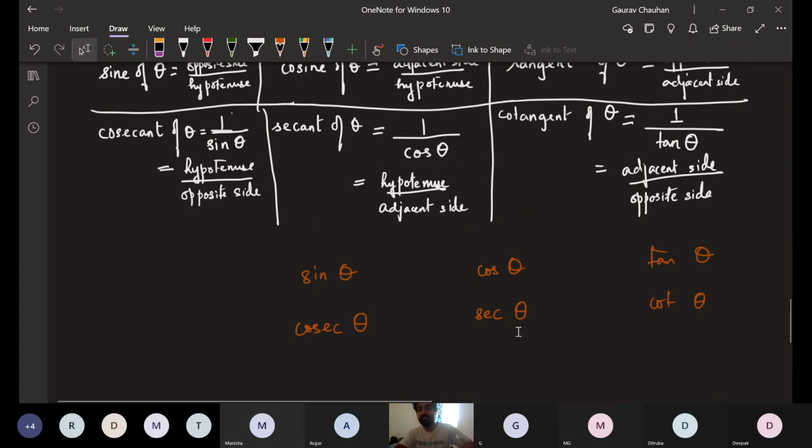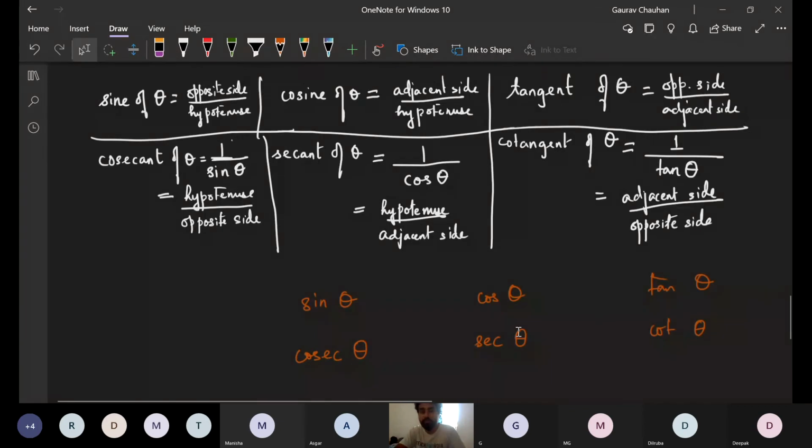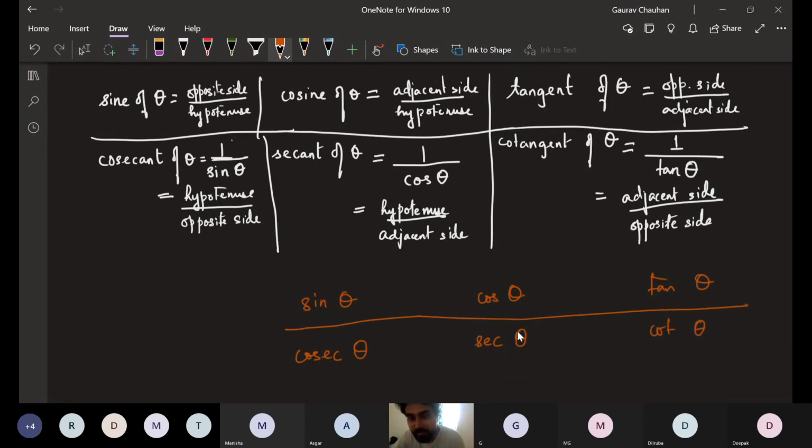So these are the short forms for the 6 trigonometric ratios. There are only these 6 trigonometric ratios.